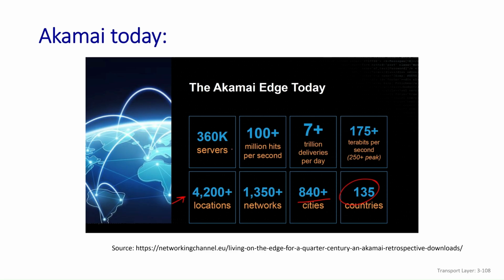These Akamai edge servers handle 100 plus million hits per second, and they provide 7 plus trillion deliveries per day and 175 terabits per second. Imagine the scale of the data transfer and the services.